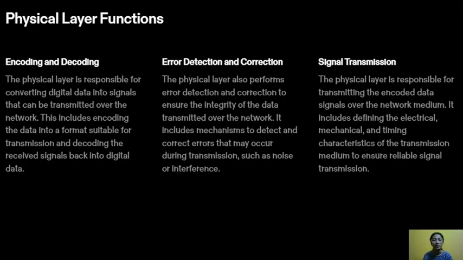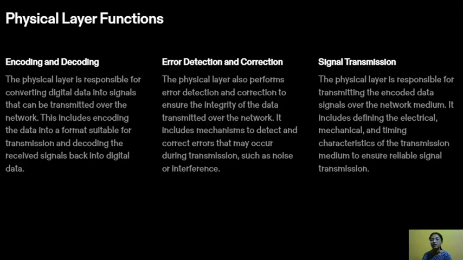The next one is error detection and correction. The physical layer also performs error detection and correction to ensure the integrity of the data transmitted over the network. It includes mechanisms to detect and correct errors that may occur during transmission, such as noise or interference.